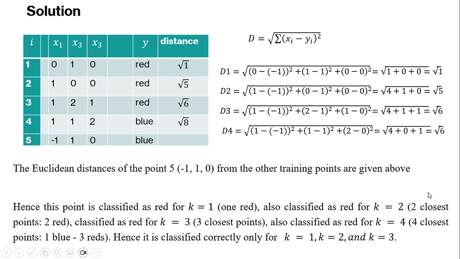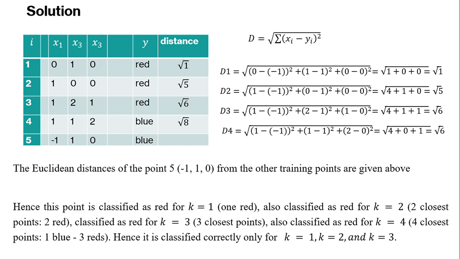Now let's look at the interpretation of this. For k equals 1, the closest point, the minimum distance, is red, so it is classified as red.